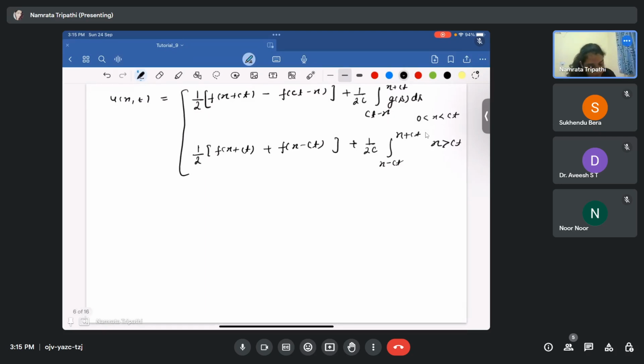Now in our case in the given question, f(x) is sin squared x, c is 2, and g(x) is 0. So you can put the values. Ma'am, in the second term the integral of the function is not written. Oh, sorry, this is g(s) ds. Thank you.